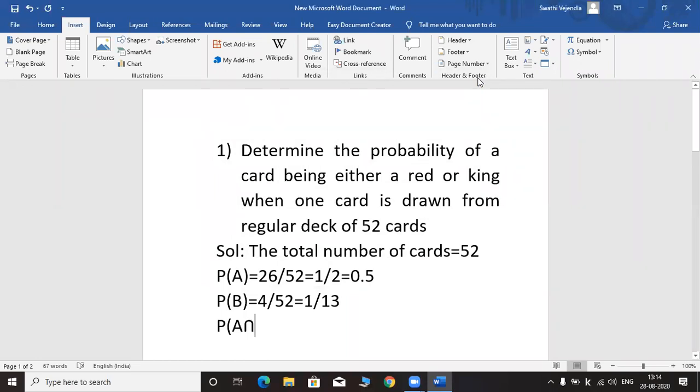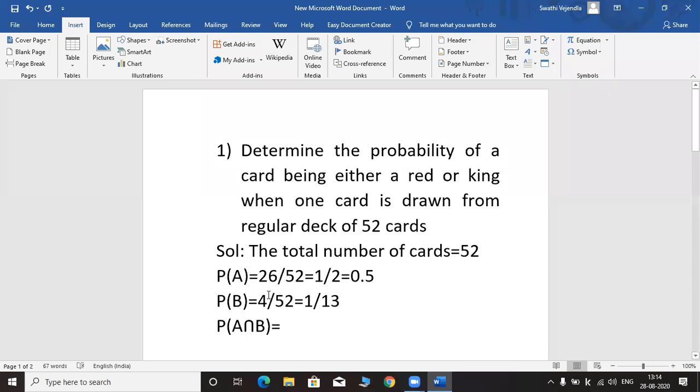A intersection B is equal to how much? Probability of A intersection B. A intersection B means the common part for the events A and B. Event A is drawing a red card, event B is drawing a king card. So among 26 red cards, how many king cards do we have? Actually we have 4 king cards: 2 are red and 2 are black.